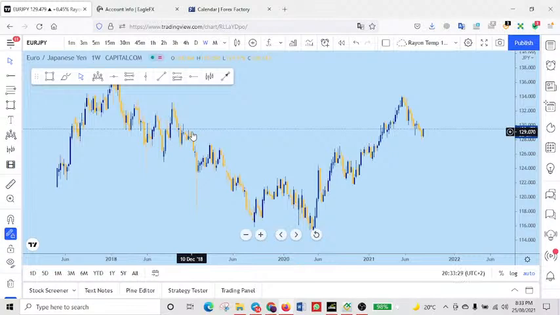Because we all know that price repeats itself. So if price dropped from here once, there is a possibility that price can also drop from here down. If it dropped from here before, there's a possibility that when price gets to that level, it's going to drop down, it's going to fall. That is why we always look left before we trade.